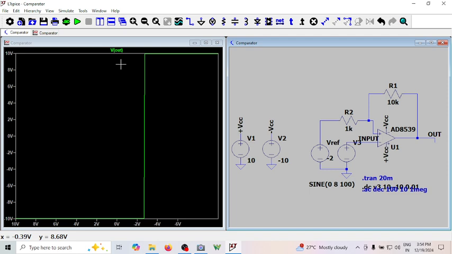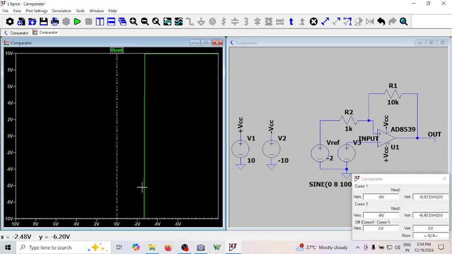You can see you have this. Can you see now? This is actually VTL. VTL is coming out to be minus 2.6. So that's what we had.